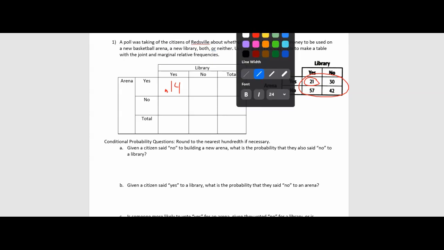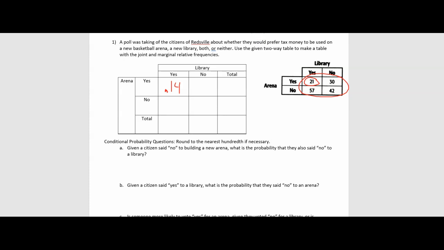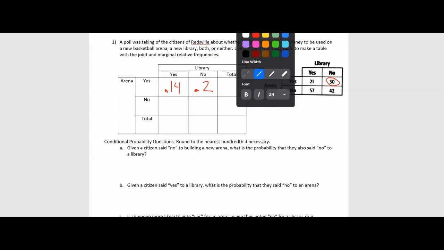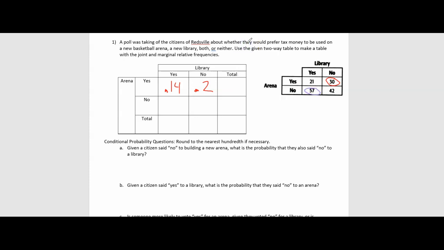Okay, so if I'm now going to look at the probability of someone voting no to the library, but yes to the arena, well, that's going to be 30 divided by 150. 30 divided by 150 gives me 0.2. If I then look at the number of people that voted yes to the library, no to the arena, that's going to be 57 divided by 150, or 0.38.